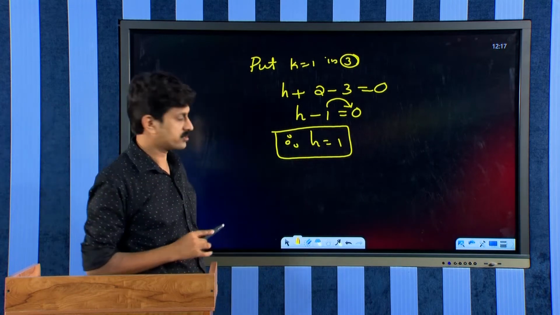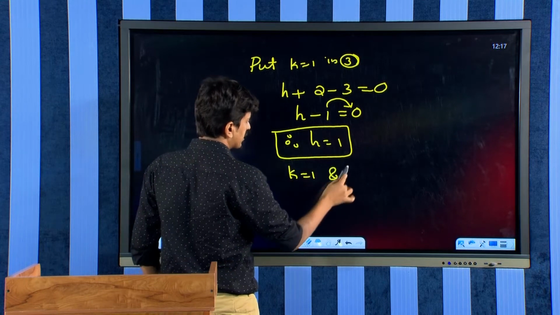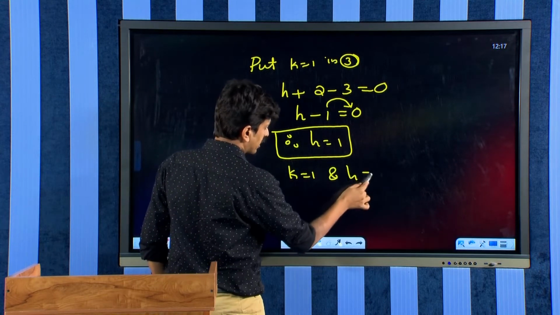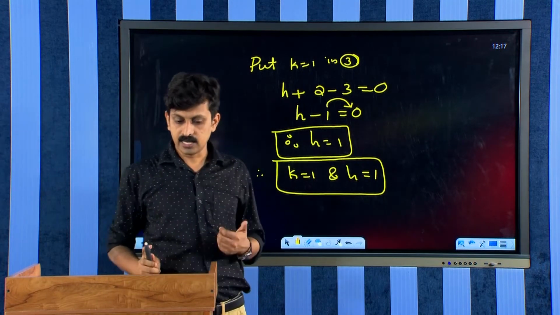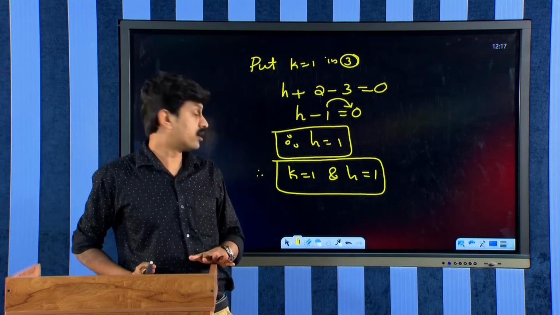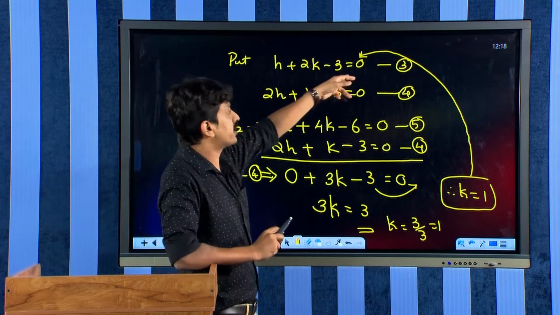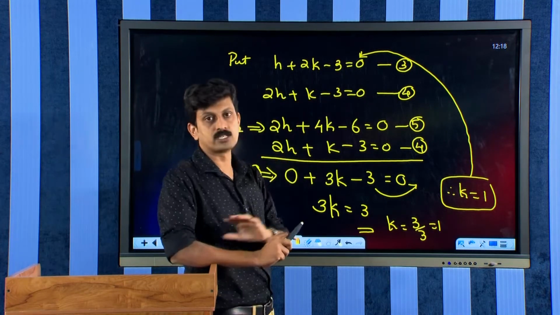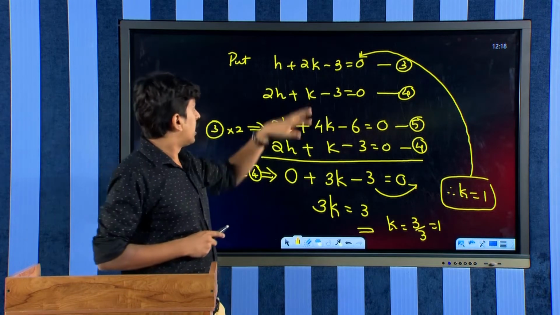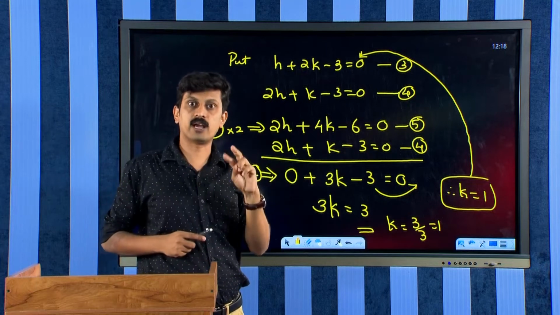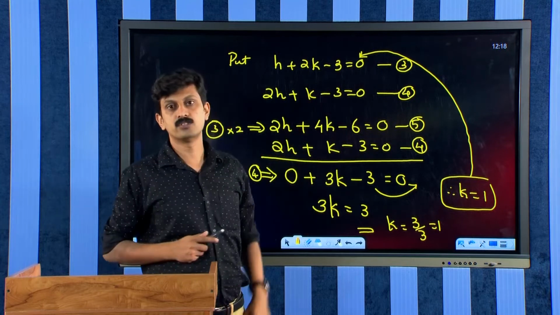So, we found that k is equal to 1 and h is equal to 1. So, we found the value of h and k. Whenever h plus 2k minus 3 is equal to 0 and 2h plus k minus 3 is equal to 0, we take the value of h and k as 1 and 1, because that will make these two equations equal to 0.